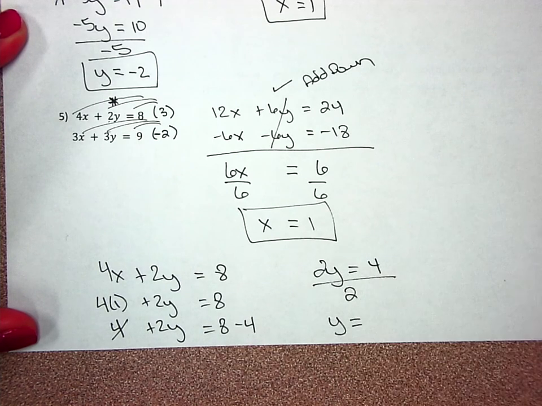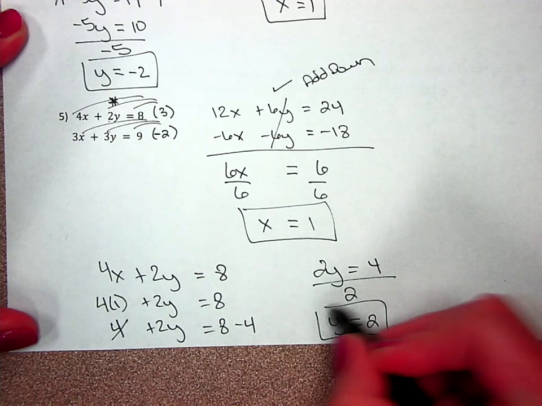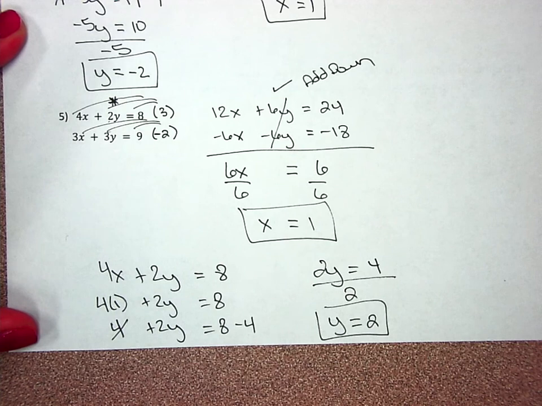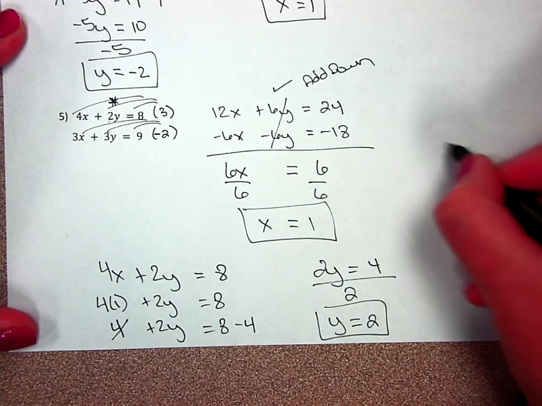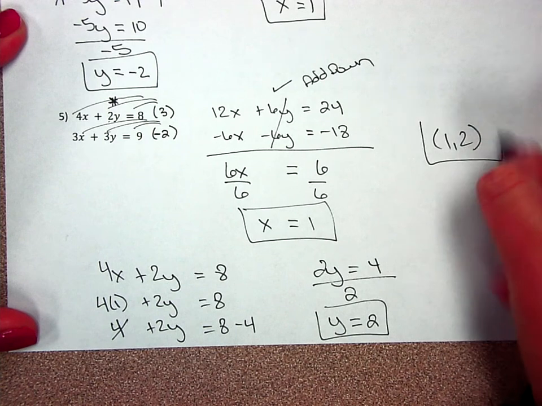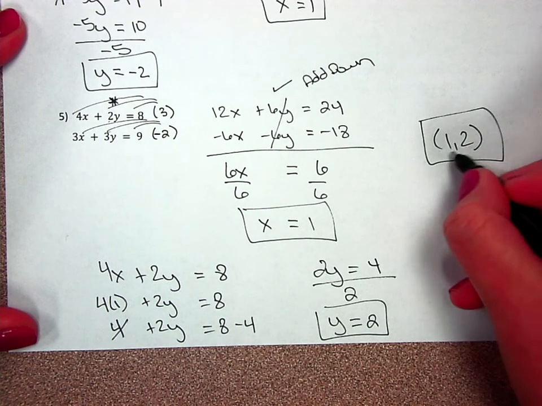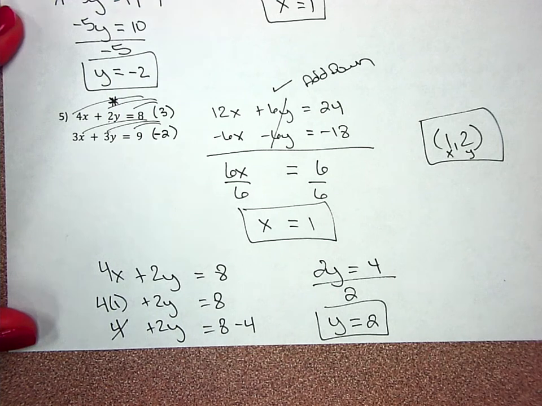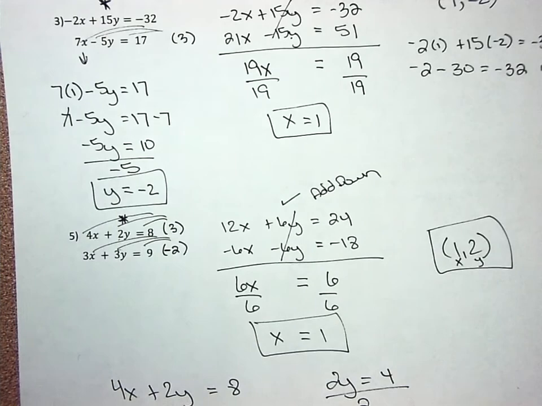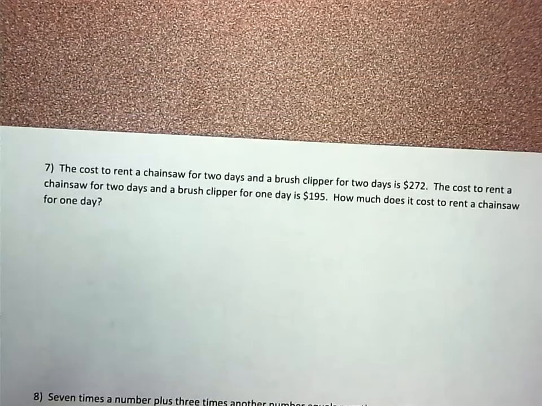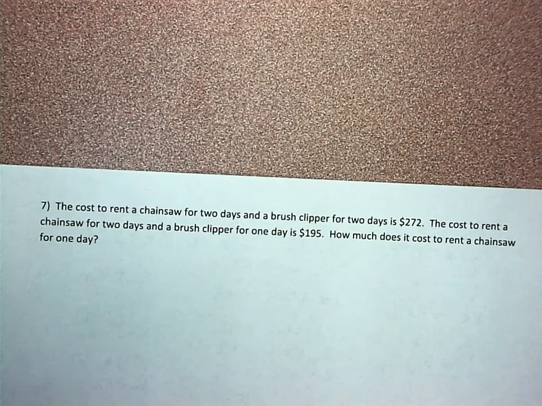Divide. And y equals 2. So the solution to this system of equations is 1, 2. This is an ordered pair. It always has to be in x, y format. We're going to stop it there and do word problems in a minute.